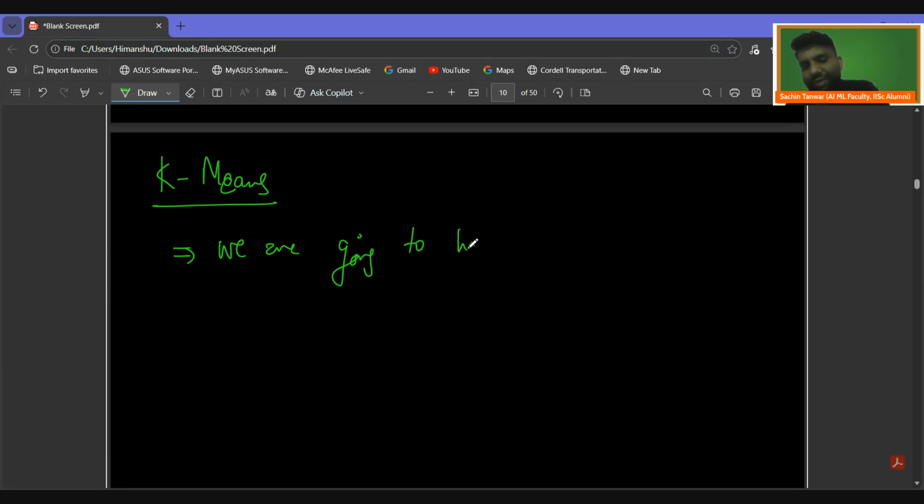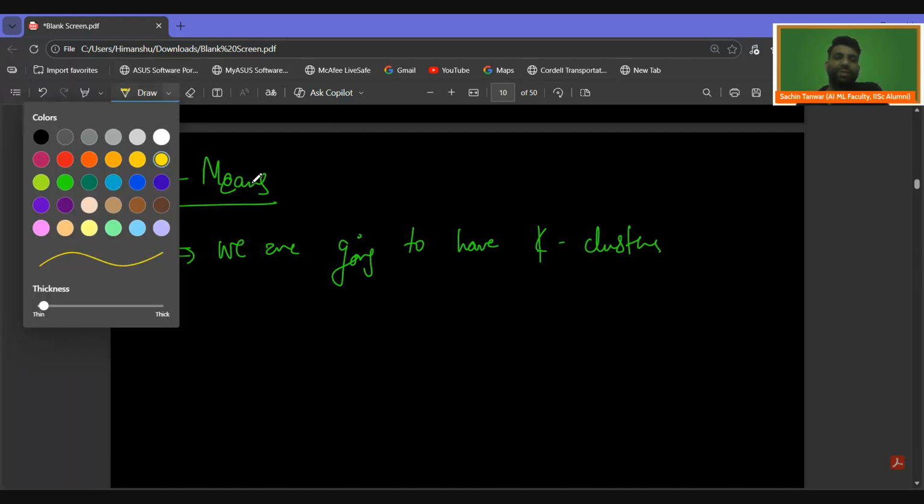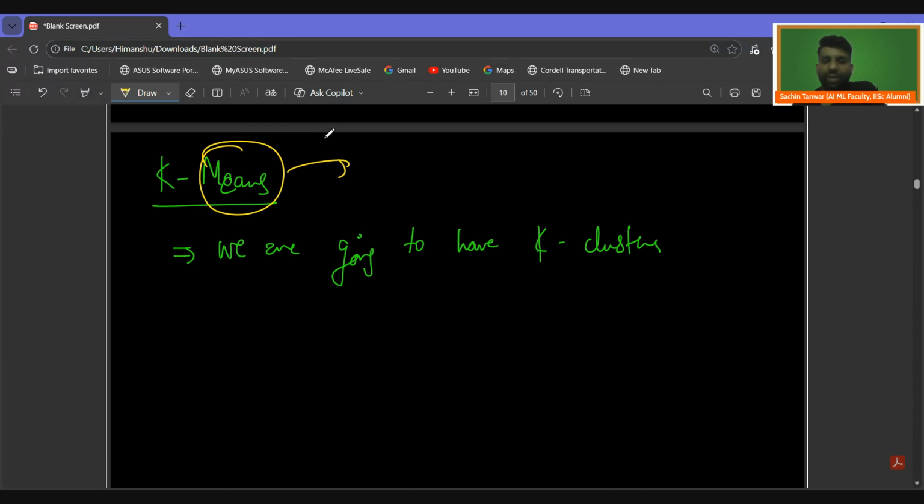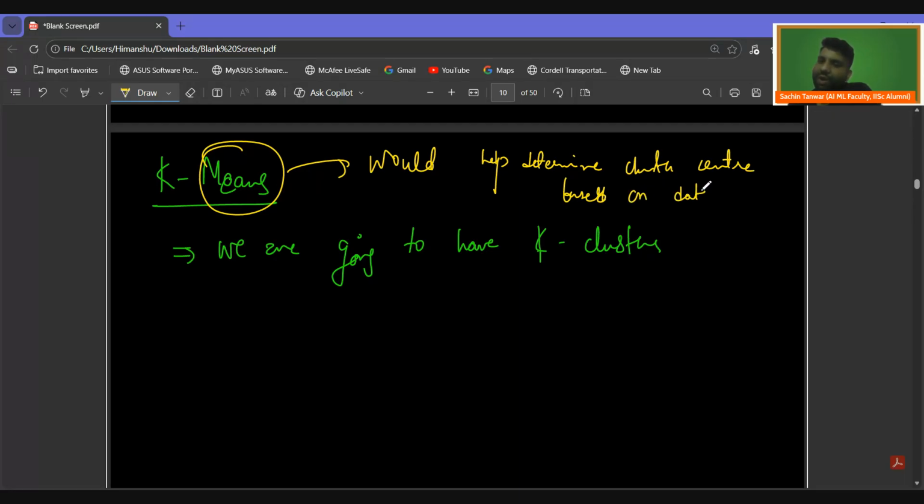Because we have already talked about this, k tells me how many clusters there would be, and the cluster center would help determine the cluster center based on data points belonging to the cluster.